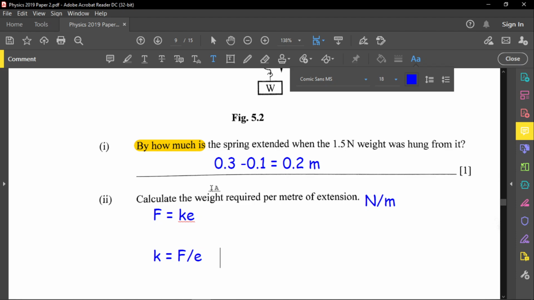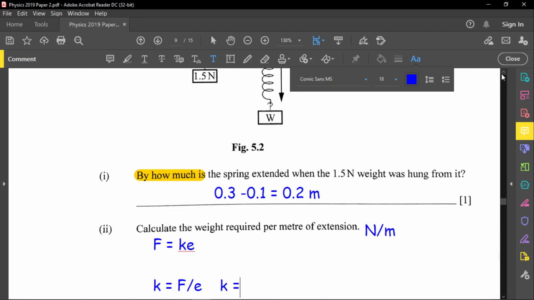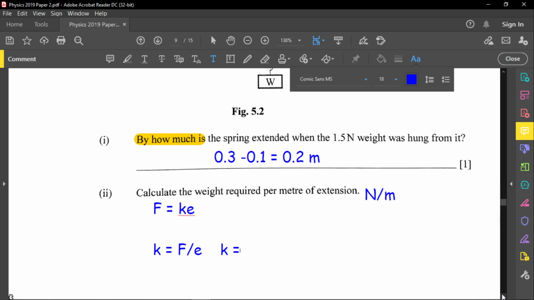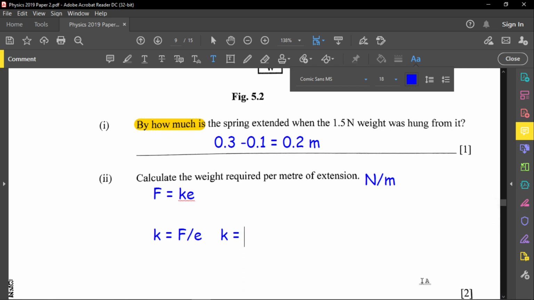And so let's plug our values into this now. K, the constant, equals the force. What force was used to pull this extension? The force that makes this extension is 1.5 Newton, and that 1.5 Newton makes an extension of 0.2 meters.